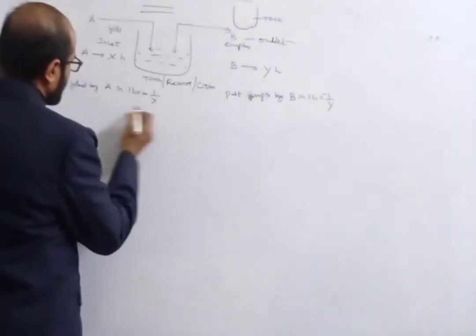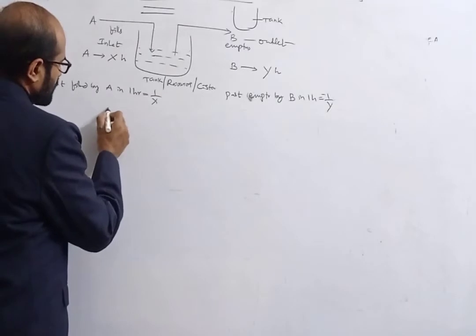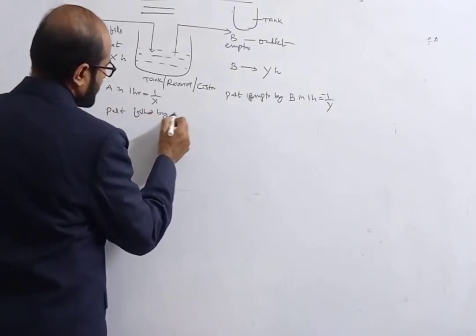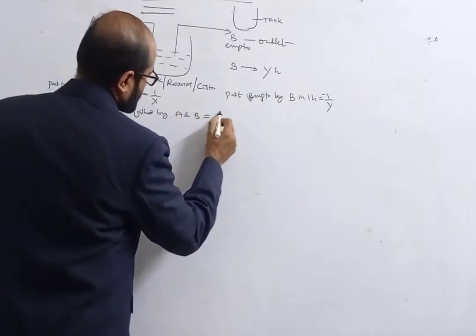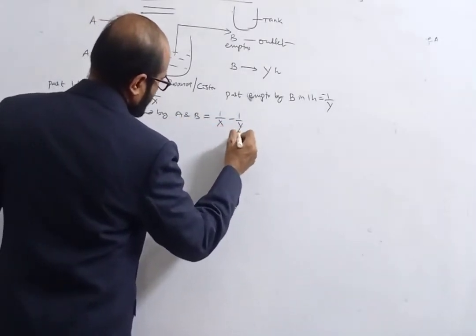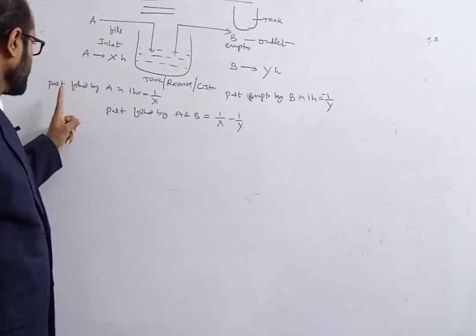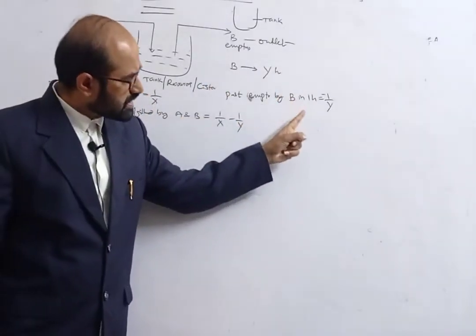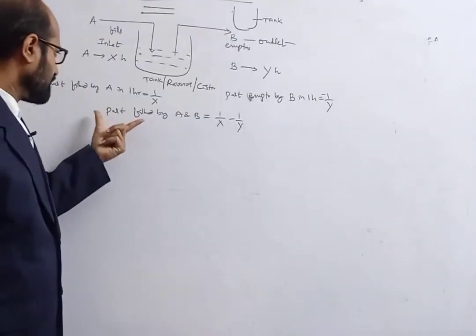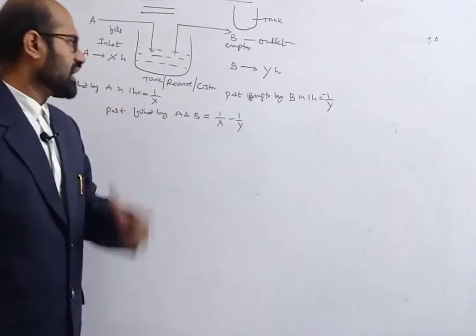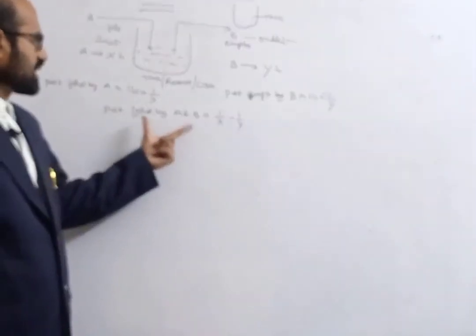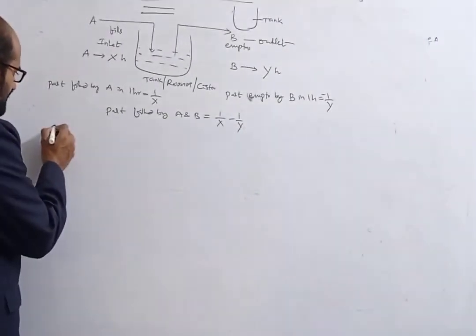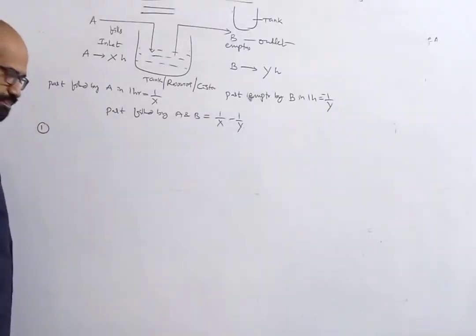So the part filled by A and B is 1 by X minus 1 by Y. That is, the combination A plus B is 1 by X minus 1 by Y, right? Let us see with example 1.